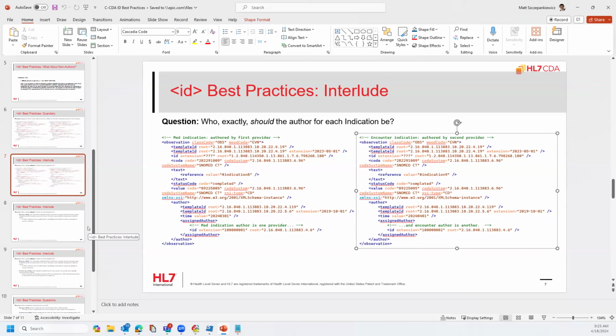Well, this one's interesting, and this goes into where I say entry reference and indication are not well designed. It's funny that you use encounter indication, because the encounter activity has an encounter diagnosis option. In that case, you've got a diagnosis act and a problem observation.